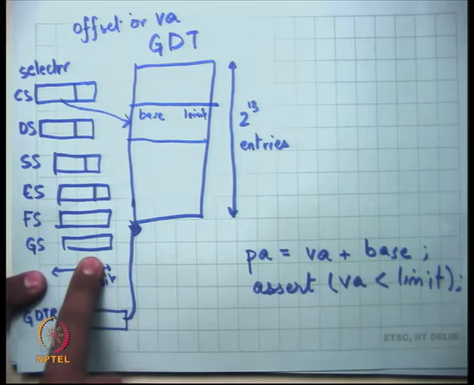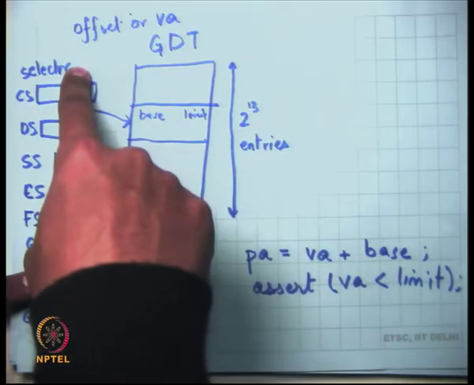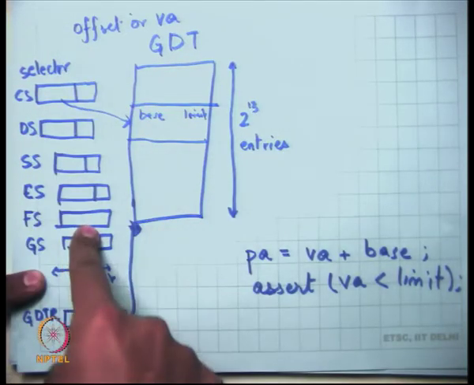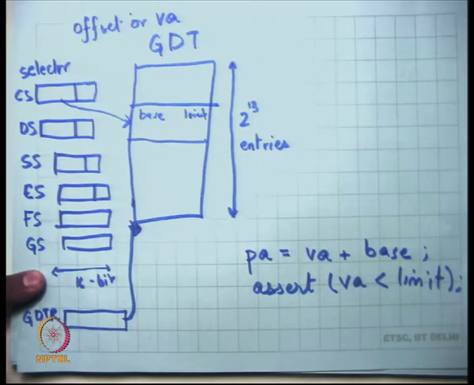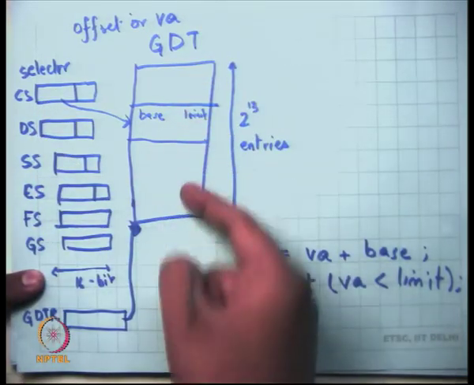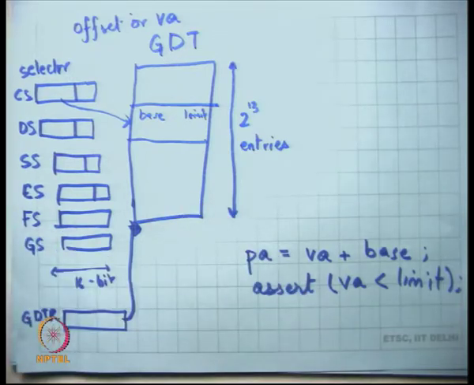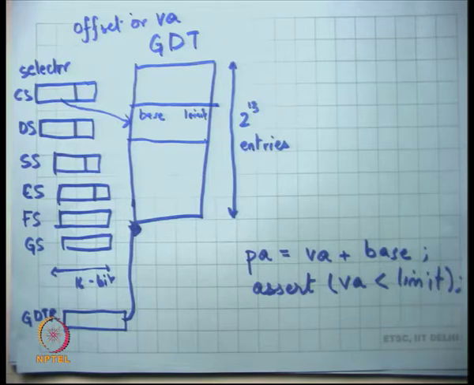So a user is allowed to overwrite the segment registers, but then what protects it? What disallows it from doing something wrong? It can only set up these registers to one of the allowed values in the GDT. All right. So what an OS can do is engineer the GDT in such a way that only certain base and limit values are present in the GDT.